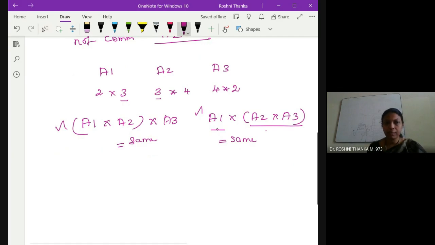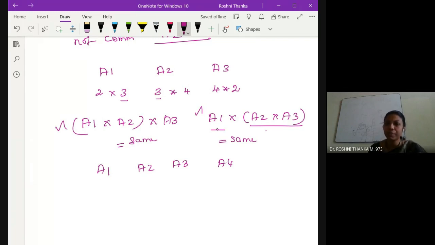Let's take another example. If I am taking 4 matrices, let us see how many combinations there are, and I'll tell you how to find the number of combinations. Let's take 4 matrices like A1, A2, A3, and A4. So I have 4 matrices now to do the multiplication.